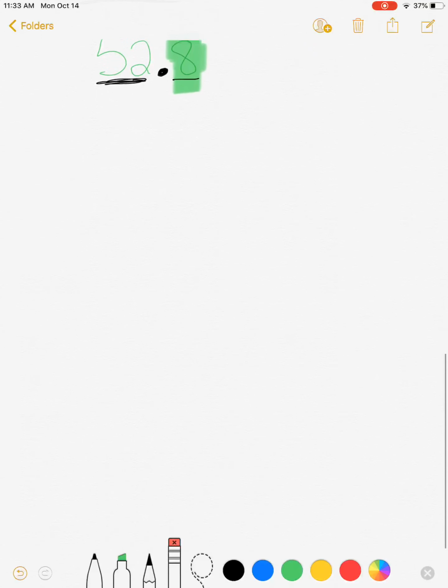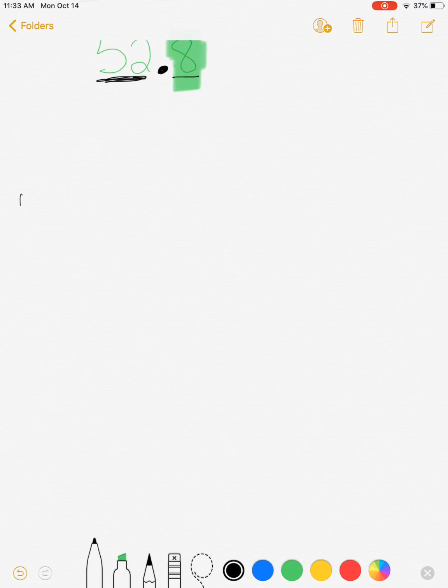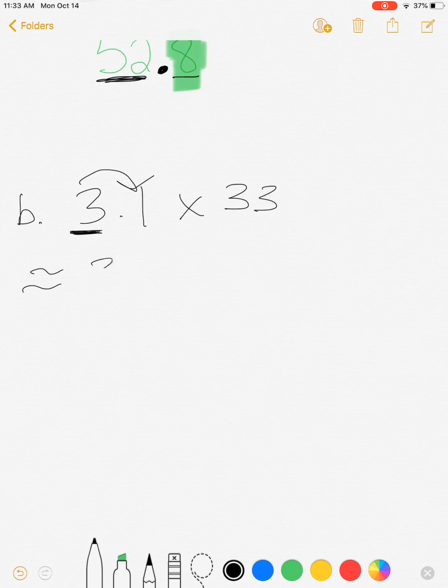Okay, so now B is 3 1/10 times 33. So first thing we're going to do, estimate. So squiggly lines mean estimate. 3 1/10. Underline the whole number, look to the right, 4 or less, let it rest.